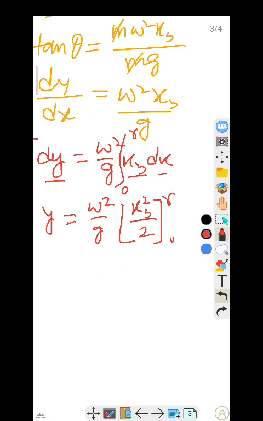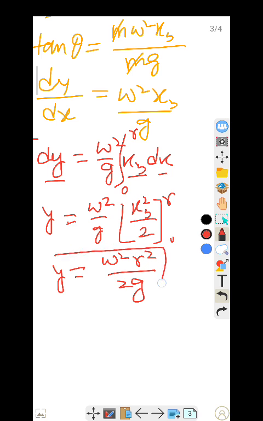By putting the upper limit, we get omega square r square divided by 2g, and the lower limit gives 0. So this is our y depending on r.